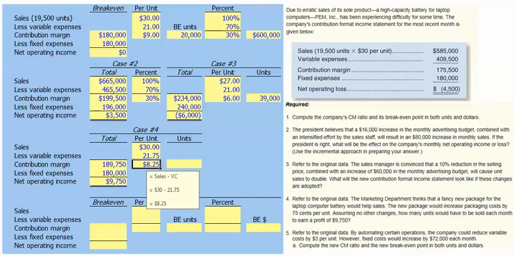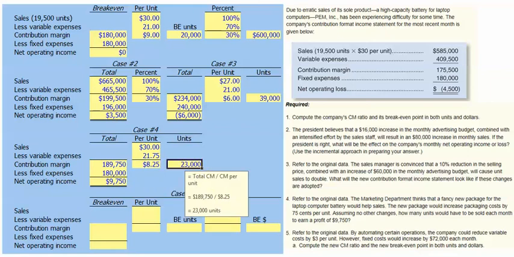If we take our total contribution margin required of $189,750 and divide it by our $8.25 per unit contribution margin, we find that to achieve our target profit of $9,750, we'll need to sell 23,000 units.